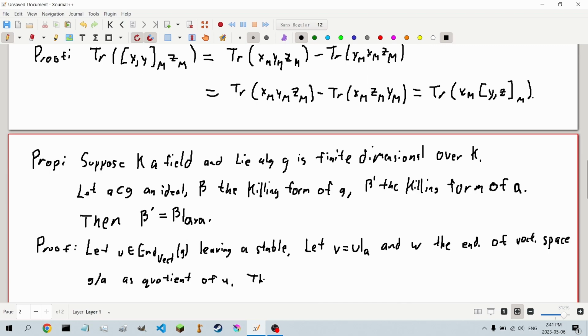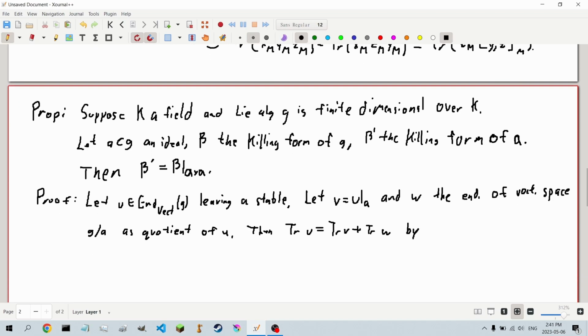Then the trace of U is equal to the trace of V plus the trace of W, and this is just like splitting up the basis. I'm just going to write that informally.